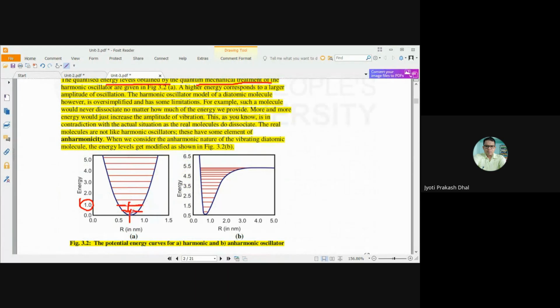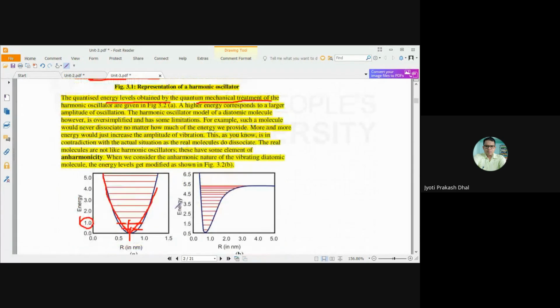That's why it will give rise to this type of parabolic curve. So this is called a simple harmonic oscillator. These are the equilibrium positions of the two atoms. When electromagnetic radiation of the IR region falls on the sample, it will undergo expansion like this, or it will undergo compression.